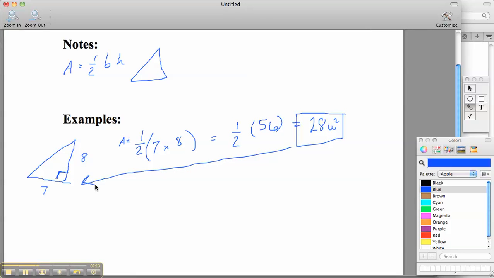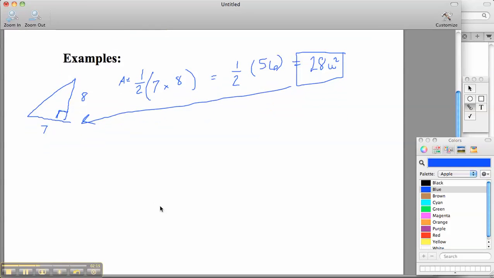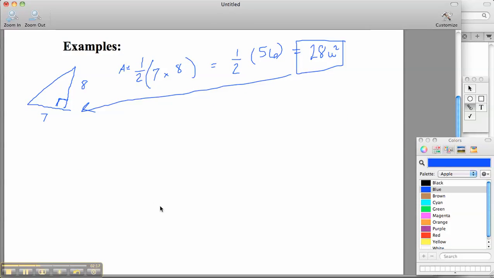Okay, so let's do another example. Triangles are very easy. Let's do this example in red. Alright, so I'm going to do a very different looking triangle. It's not a right triangle this time. It's just a regular old triangle.